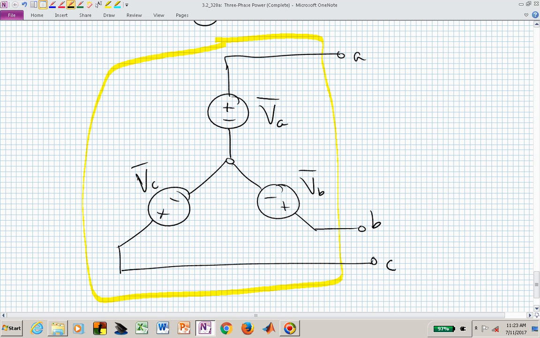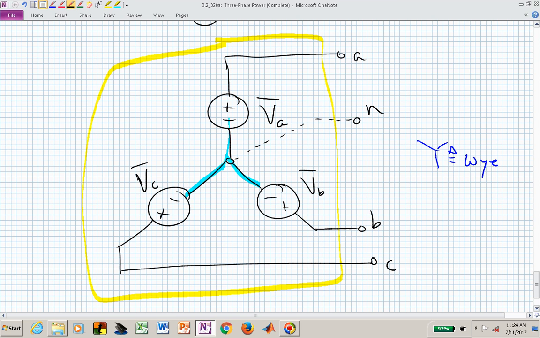In this particular configuration, which I hope you see as maybe an upside down Y if you looked at it this way, this is what we call the Y configuration of our sources. And because there's a neutral terminal in common to the way that we've interconnected these generators, a neutral conductor could be pulled out from this interconnected source configuration.